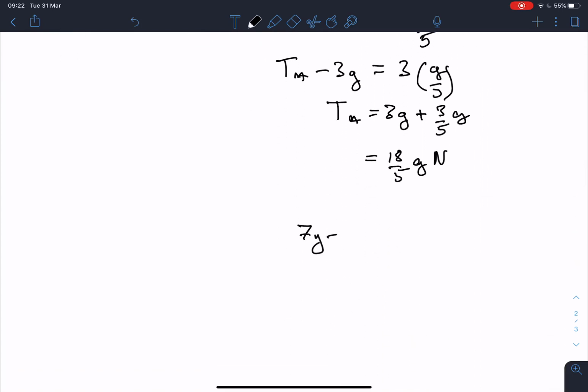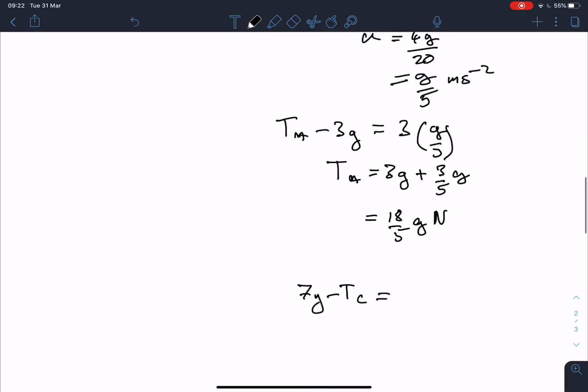Once we've got the acceleration, it's easy enough to find TA. We just substitute back into the top equation. So TA minus 3G was equal to 3 lots of A, which is G over 5.